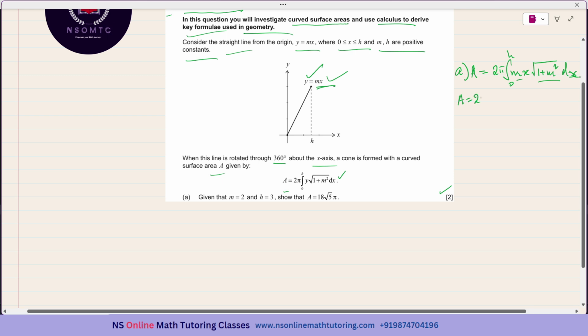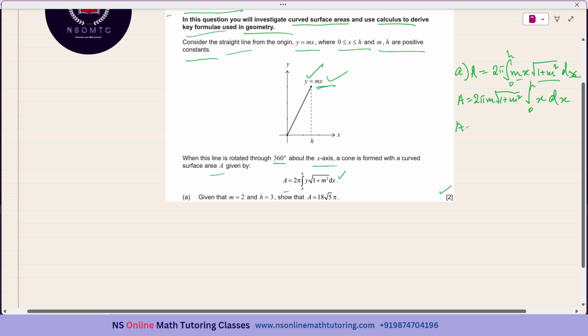So E equals 2 pi times m times the square root of 1 plus m squared times the integral from 0 to h of x dx. The integral of x with respect to x is x squared over 2, from 0 to h.